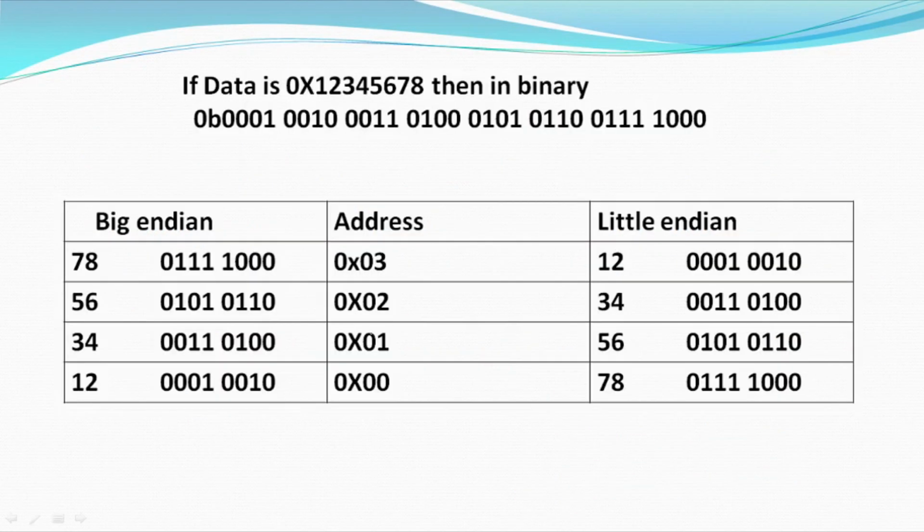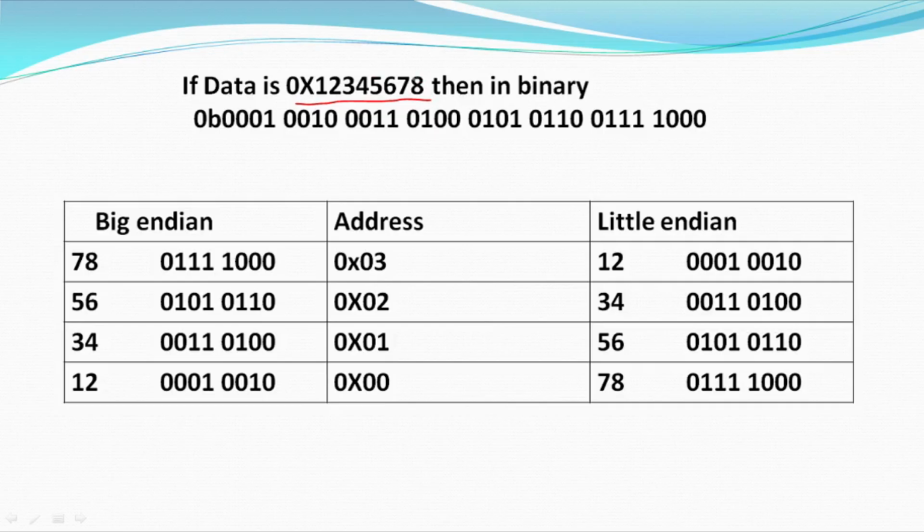Let's consider the data we want to store in the memory is 0x12345678. The x symbol means it is a hexadecimal value. Let's start from this side, the least significant byte.